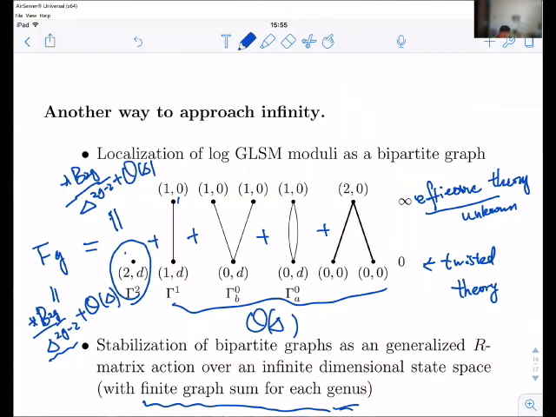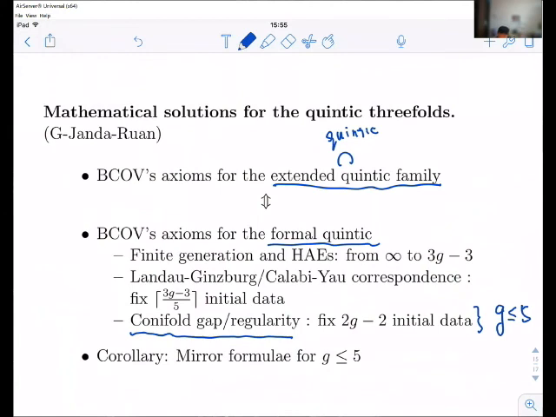But we cannot prove it in general. Because the twisted theory is computable, we can check genus by genus that this is true. That's why we can check that the conjecture is true up to genus 5.